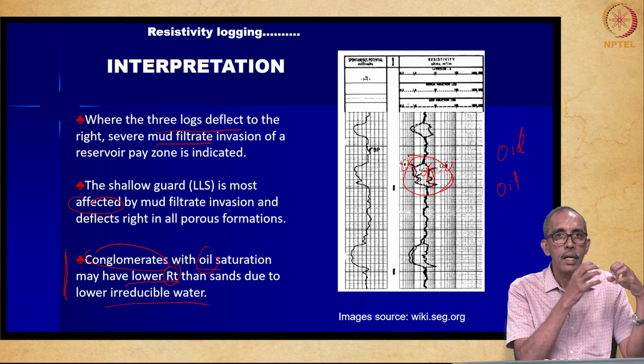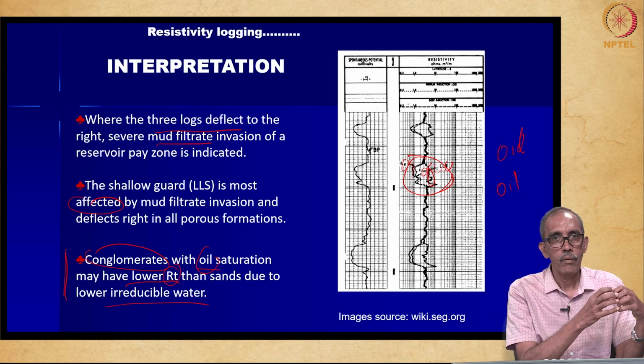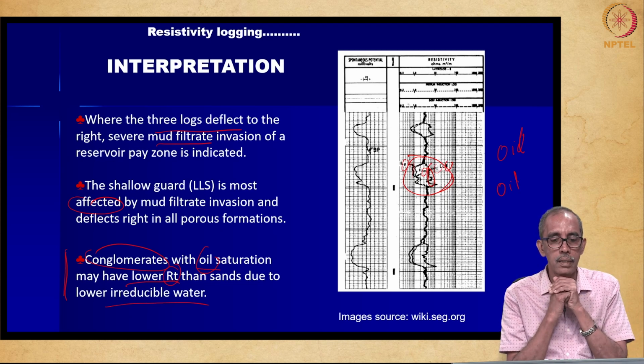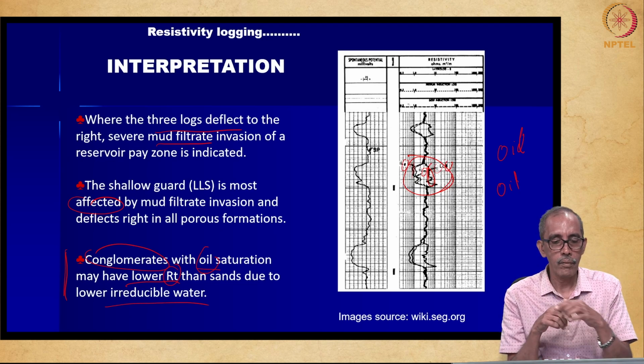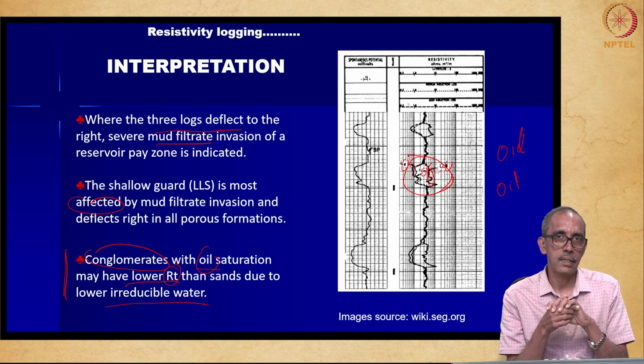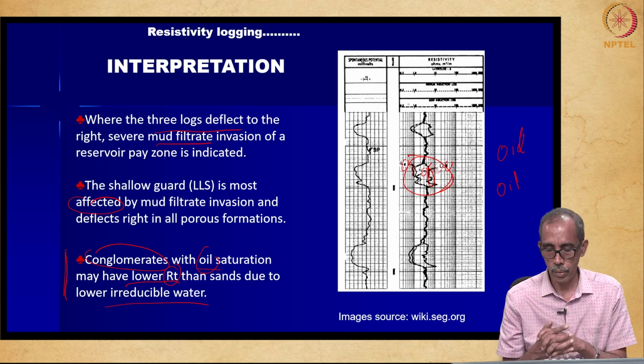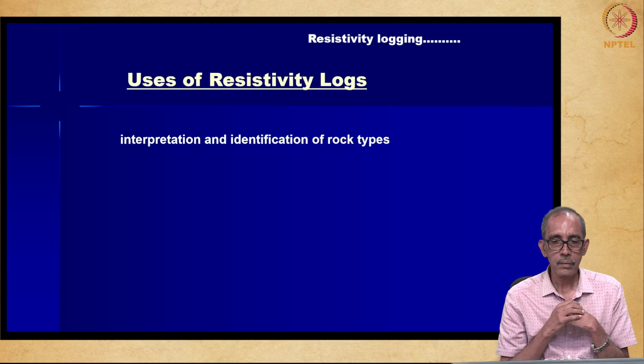Conglomerate will have less irreducible water, due to which it will have lower resistivity. Conglomerate with oil saturation will have lower resistivity than sands, right, because sand will have comparatively higher amount of irreducible water, right.